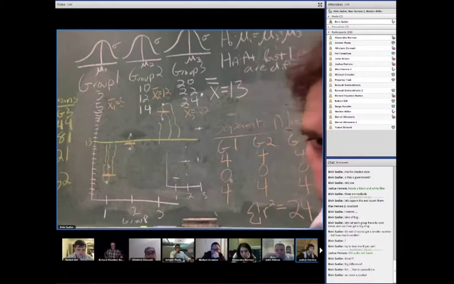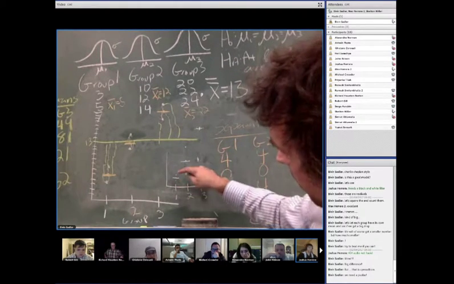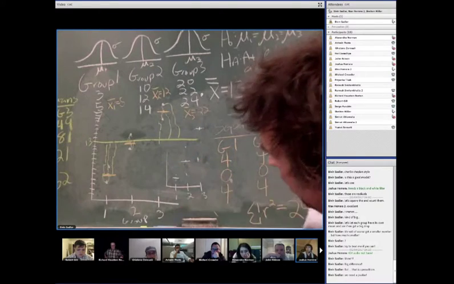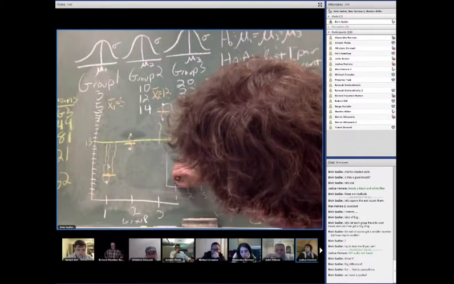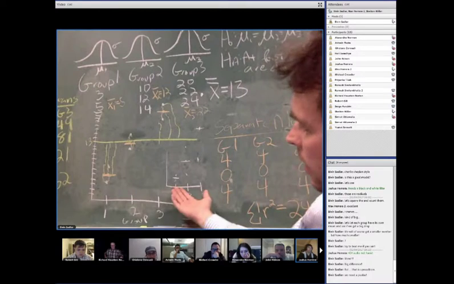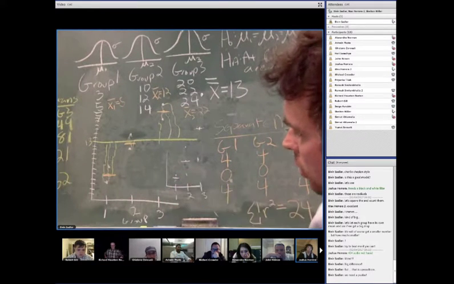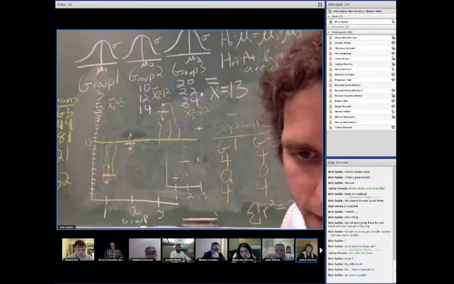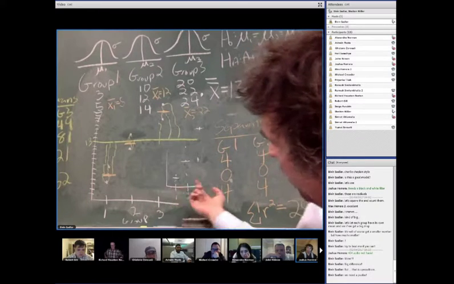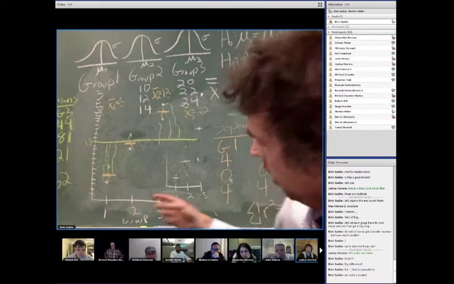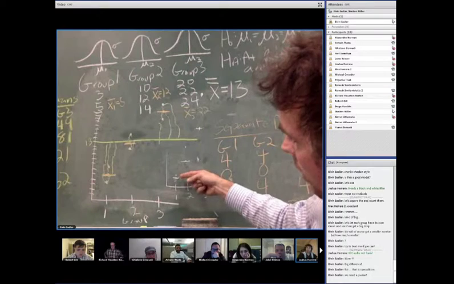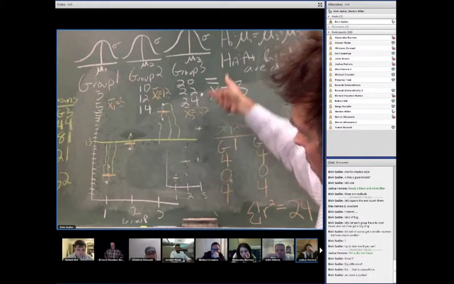Group 1 is going to have hardly any say in the sum of squared residuals because it doesn't have a possibility of competing with this guy. Think about what a residual is. When you square 2, you get 4. But when you square 3, you get 9. So 2 to 4 is only 2, but 3 to 9 is 6.